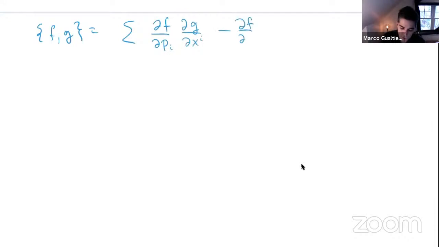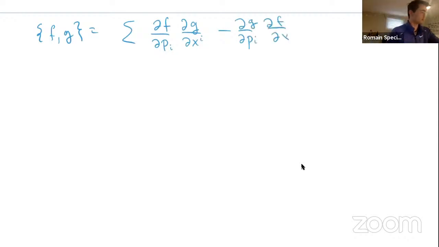So if we look at this bracket expression, okay. When you look at this bracket expression, to help answer your question, what I would do is this.